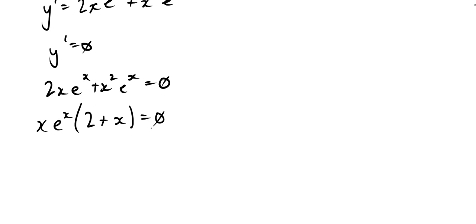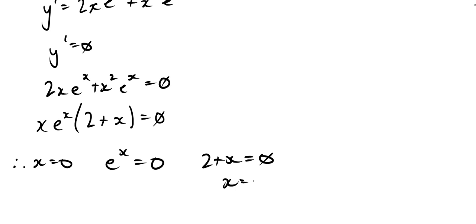So that's pretty much done right there. This is the product of 3 things, and each one of those things is solvable in itself, right? So therefore, x is 0, e to the x is 0, and 2 plus x is 0, which means x is negative 2.